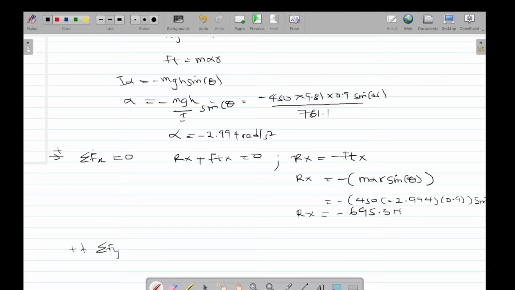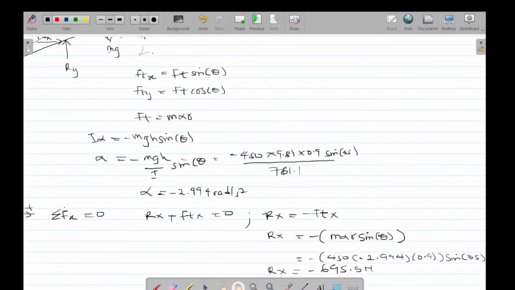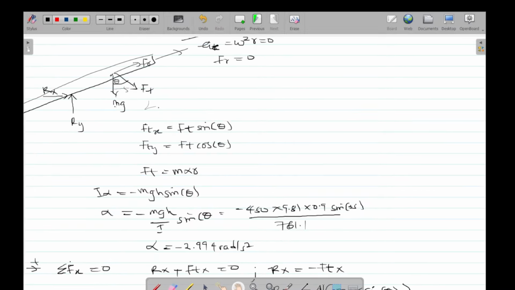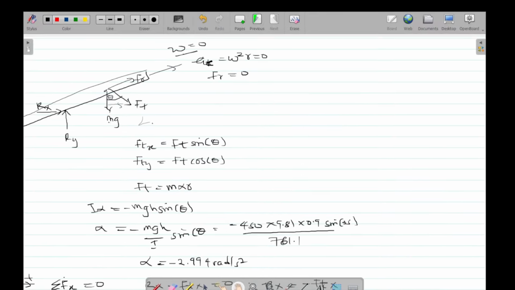Then do Ry, so the sum of forces in the y direction, where going up is positive, is equal to 0. You could see mg is coming down and the Ft component is coming down. All right, I think I didn't do this one clearly.